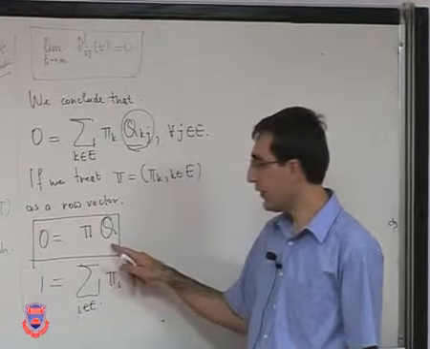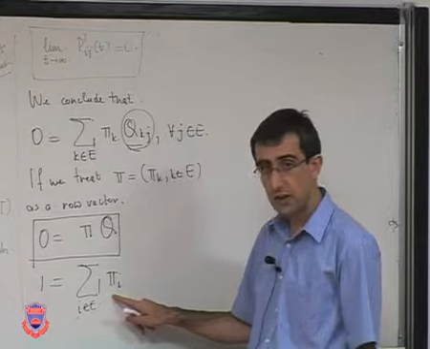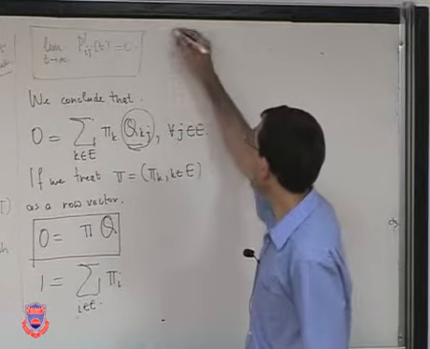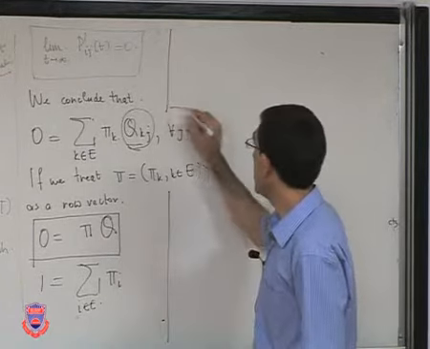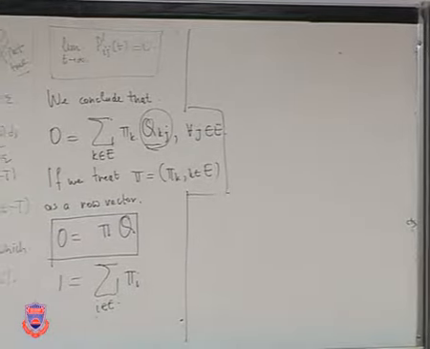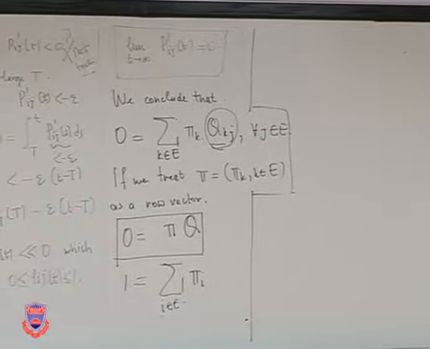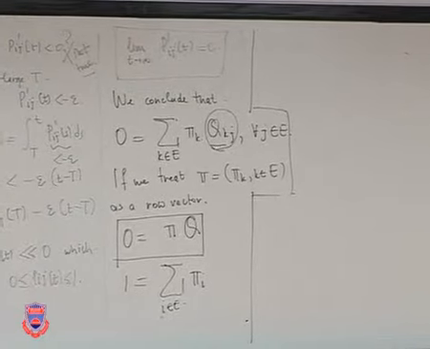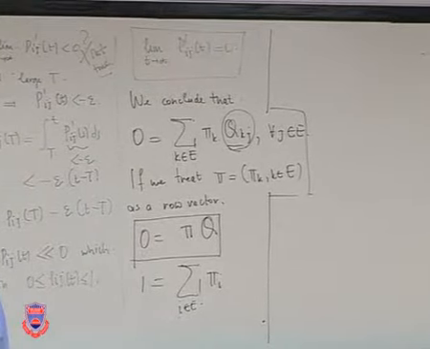Any solution of this system which also satisfies this is going to be a candidate for being the limiting probabilities of the underlying continuous time Markov chain.